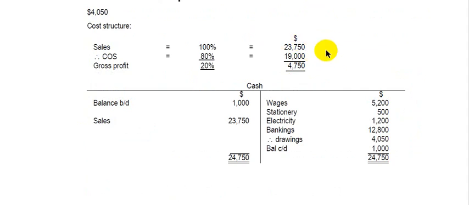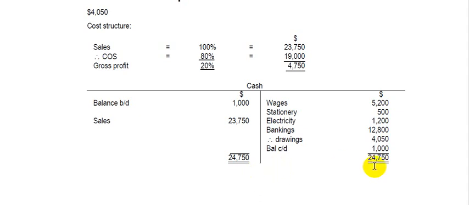So this is cash which has come in, so we debit our cash with 23,750. Since we already have the closing balance, it means the opening balance that we'll be calculating now will be the cash which has been withdrawn.